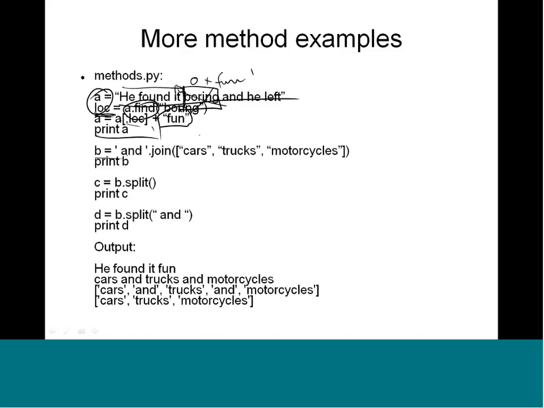And then we define another one, b, where we say join cars, trucks, motorcycles. So the and is applied to join these different strings, so it becomes cars and trucks and motorcycles.